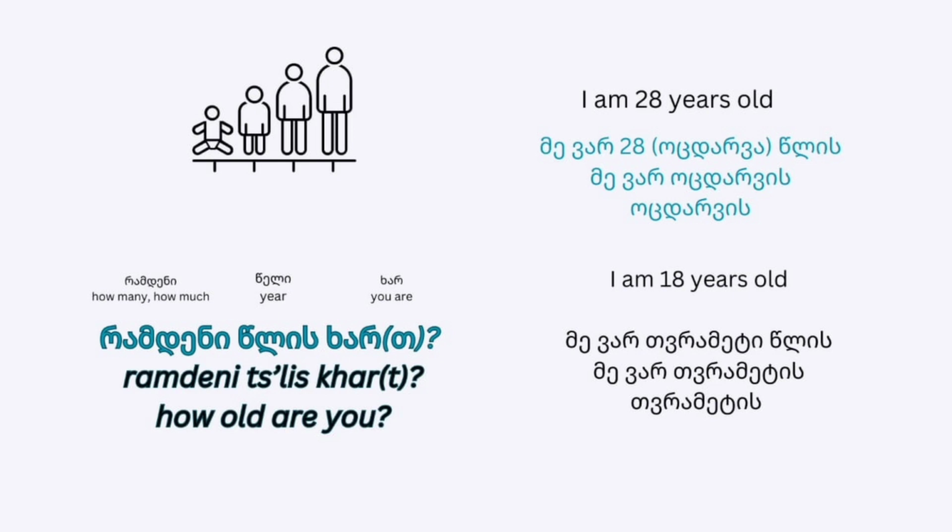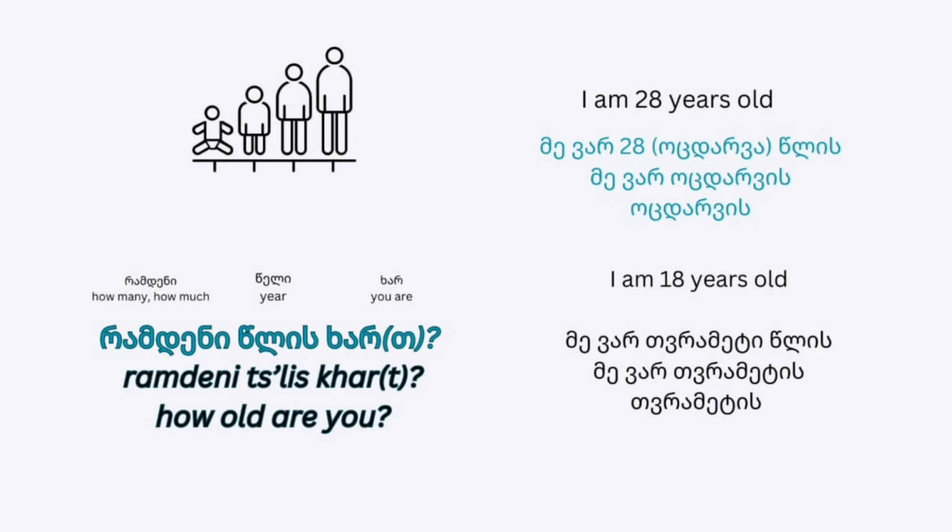Წელი becomes წლის. And if you want to say, for example, I'm 28 years old, you say მე ვარ 28 წლის. So you say I am, then the number and წლის. You don't say წელი. I'm of 28, I'm of 40, I'm of 60.